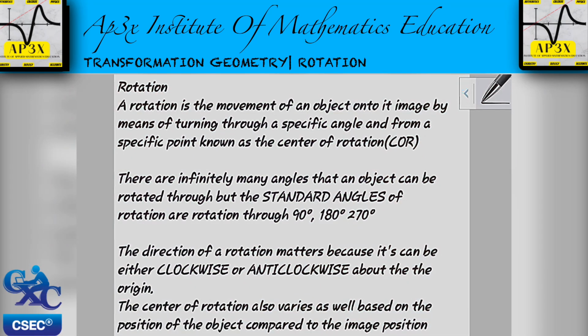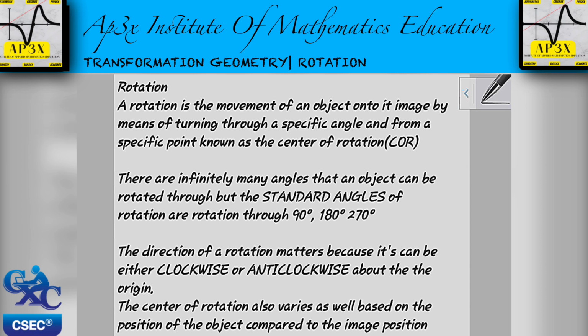So traditionally, we're going to be starting off with our definition for rotation. The definition I use when teaching my students is that a rotation is the movement of an object onto its image by means of turning. Now, there are 3 things that you must consider when you are required to rotate an object.